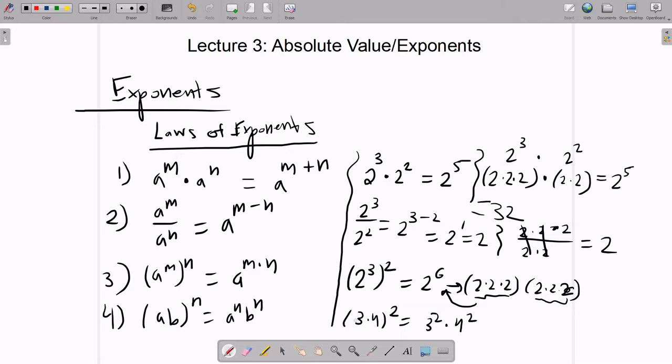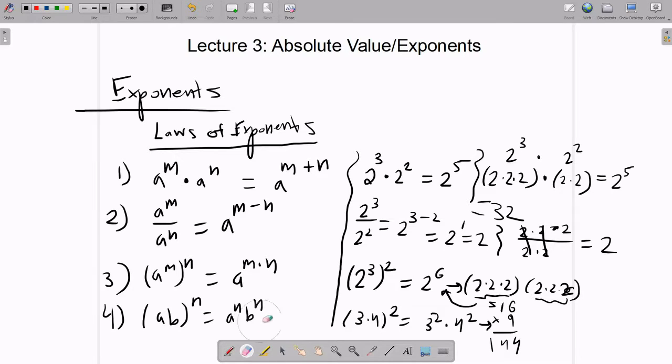It's either you do 4 times 3 and then you square, or you do 3 squared times 4 squared. In this case, 12 squared will be 144, or here it'll be 9 times 16. Do a quick math. 9 by 16, 144.